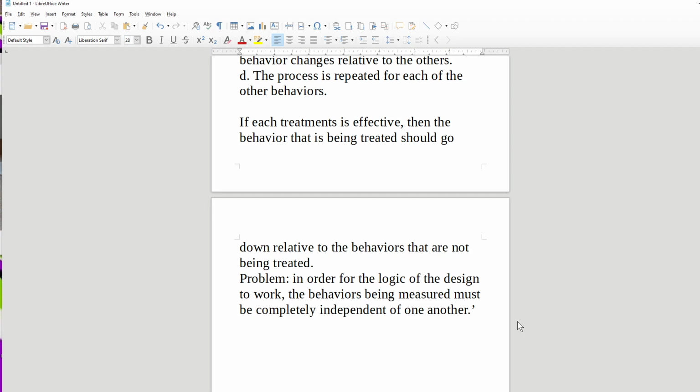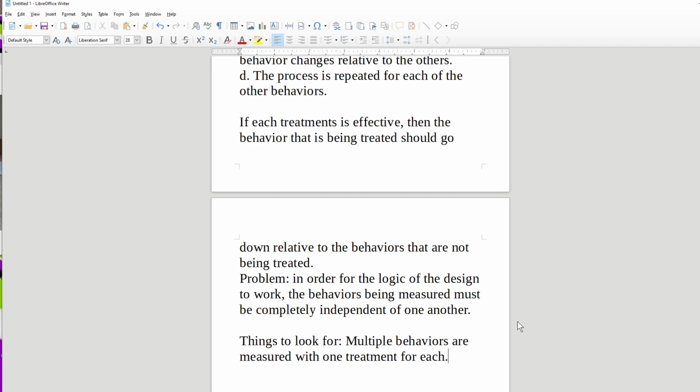Okay, well, let's talk about, for the multiple baseline design, things to look for. Multiple behaviors are measured with one treatment for each. So that's the unique thing about the multiple baseline design.